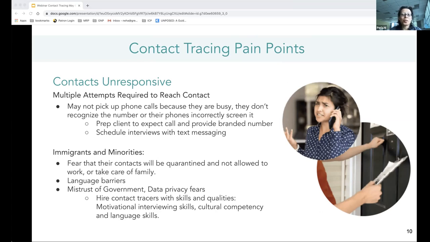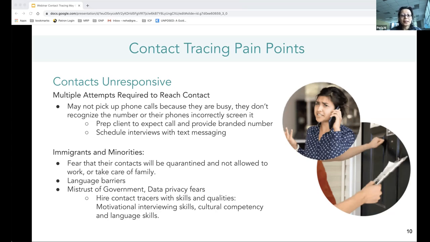And this is probably one of the most time-consuming aspects of contact tracing: people call and their calls don't get responded to, or people do not pick up their phone. For a variety of reasons, maybe they don't recognize the phone number it's coming from, or they are too busy.